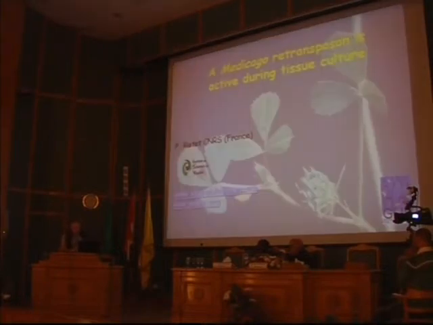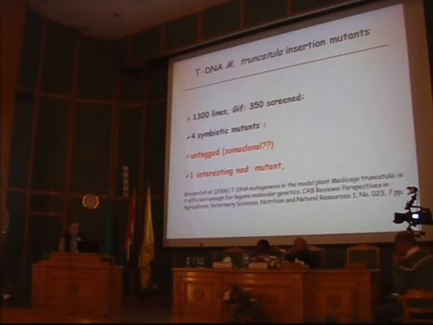But the point that I want to make today, I used up half of my time really, is that, as I showed you just before, if you use tDNA or normal regeneration, and in fact we don't need the tDNA for this, we see that there are mutations in the progeny of these plants.